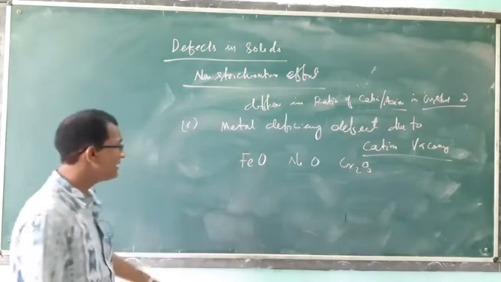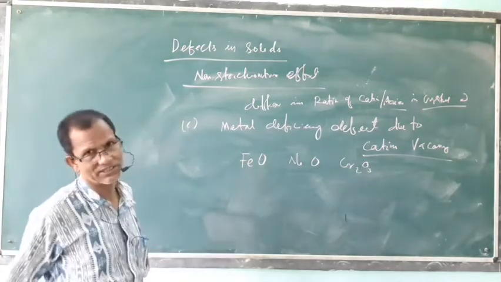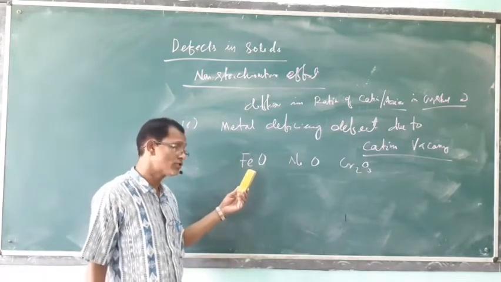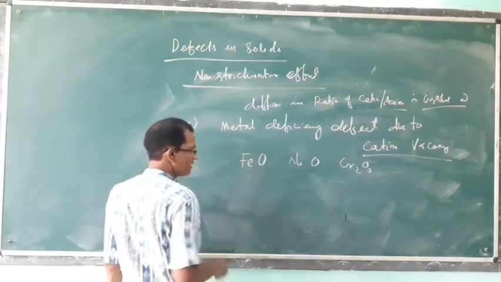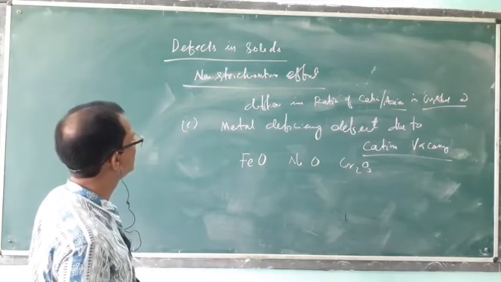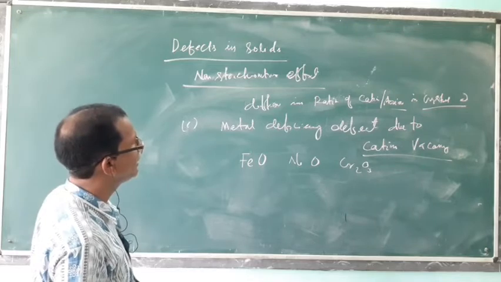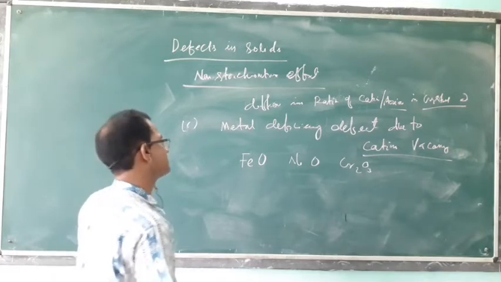But when it shows a defect, the formula changes. As I have already told you, it is a non-stoichiometric defect. The formula of iron oxide is FeO, but the formula will be different. It is a metal deficiency defect due to cation vacancy.